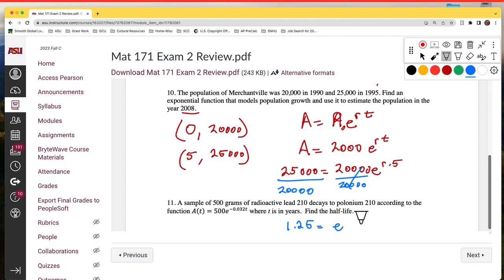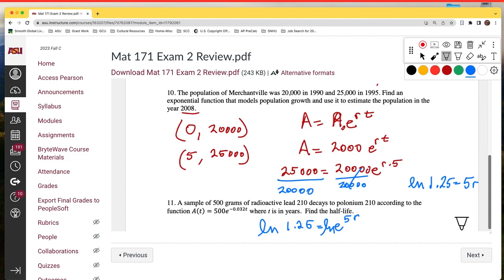And I'm going to move the 5 in front of the r. Take the natural log of both sides. Remember, natural log of e is 1, the 5r is going to come down, so that gives us that the natural log of 1.25 is equal to 5r.